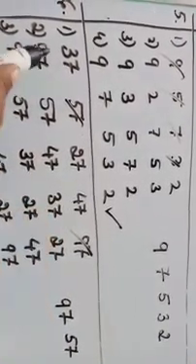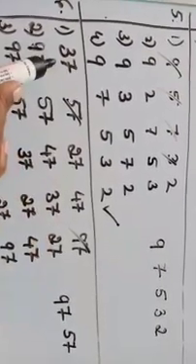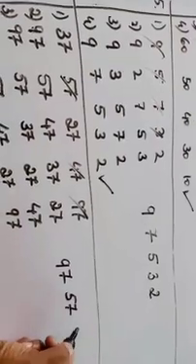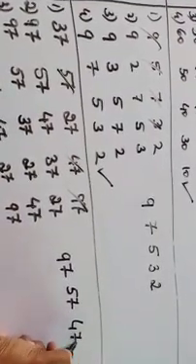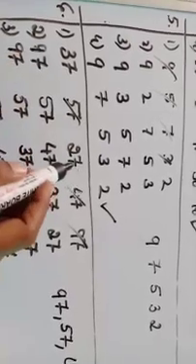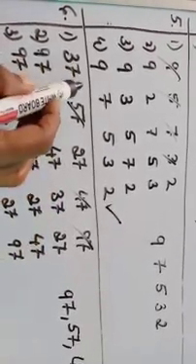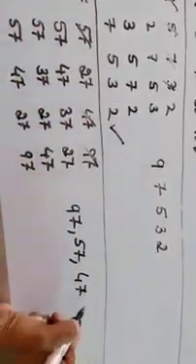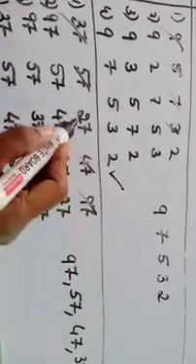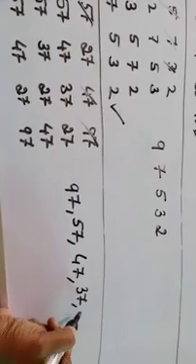37, 27, 47. In these remaining numbers, which is the greater one? Yes, 47 is the greater number. So let's write here 47. Okay, so remaining 37 and 27. In this, 37 is the greater number. So let's write here 37. And the last number is 27.